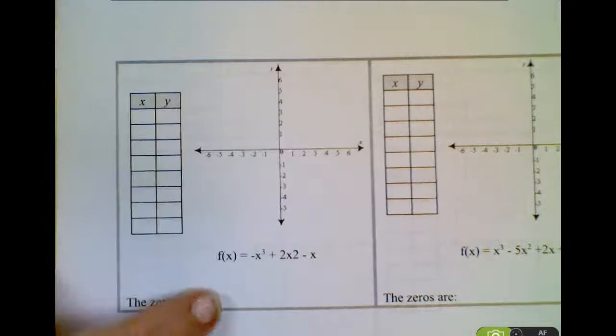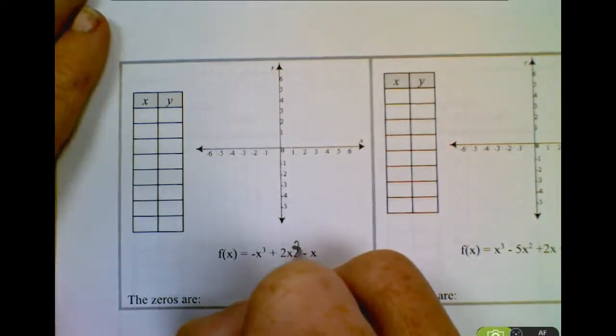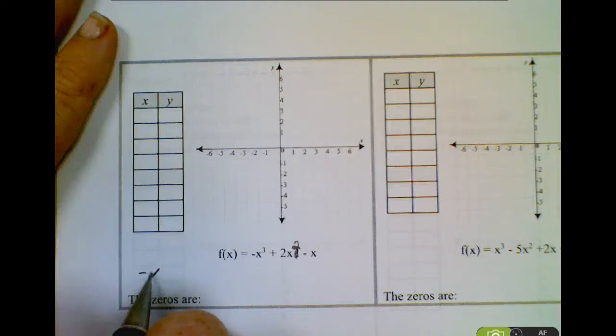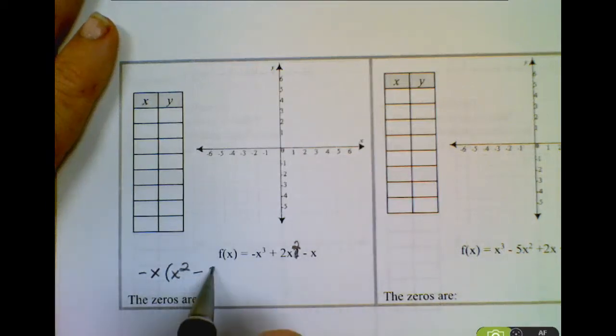Okay. So, here's one that has not been factored yet, so let's go ahead and factor that out. That should be 2x squared. Okay? So what can I factor out of all of those? That would be a -x. I'm going to go ahead and factor out a -x minus 2x plus 1.